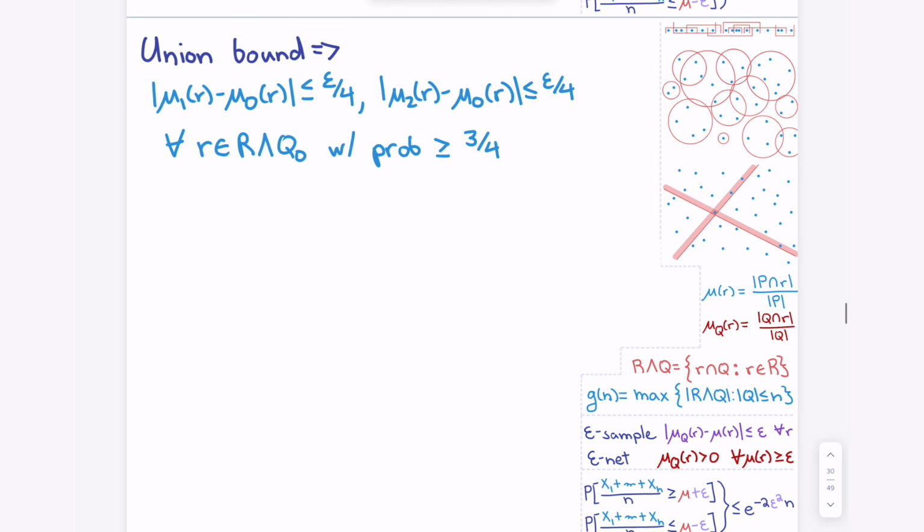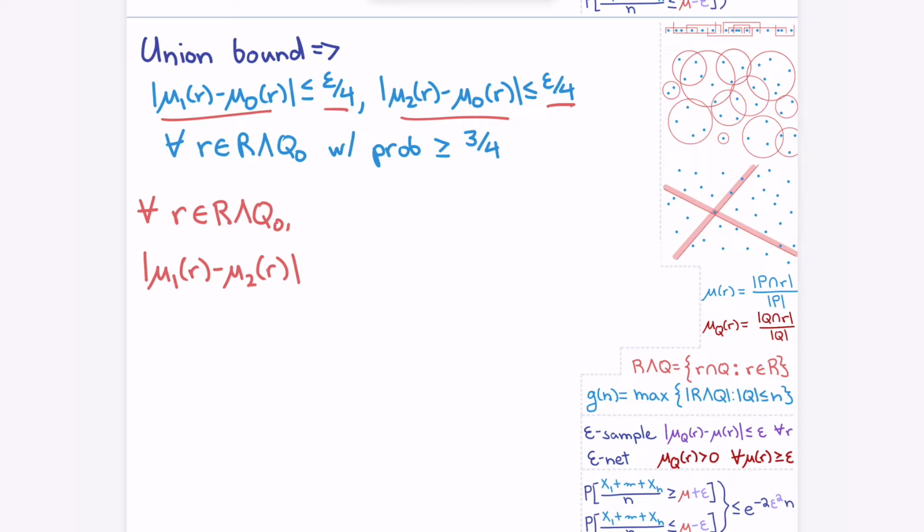And now you start taking a union bound over all of these G of 2K ranges, and so you have to be a little bit more careful, but you know that this one will be within epsilon over 4, and then also the second measure will be within epsilon over 4. So both of them will be accurate on all G of 2K ranges, very accurate now, epsilon over 4, with good probability.